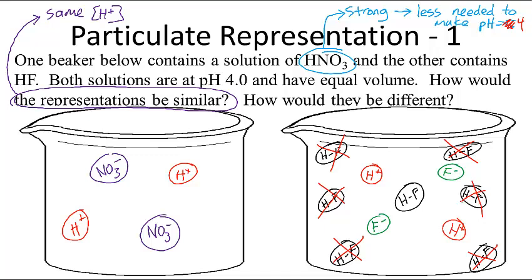And to do this better, in a perfect world, I would probably have to draw more H pluses, like 8 H pluses for every one undissociated HF. 7 H pluses. All right. Sorry, I'm trying to do the percentage in my head.